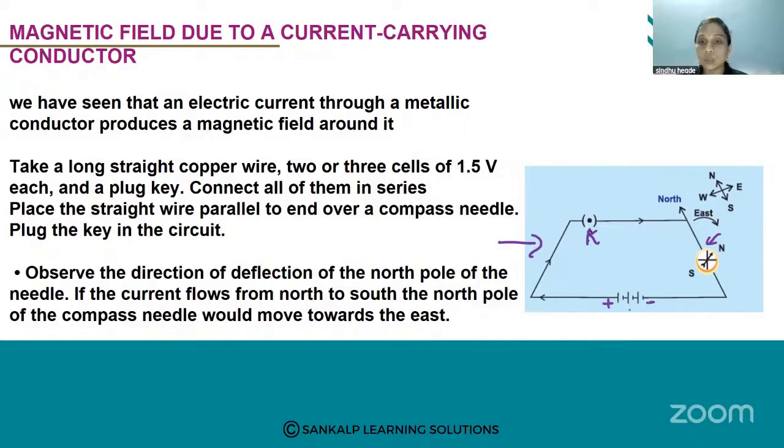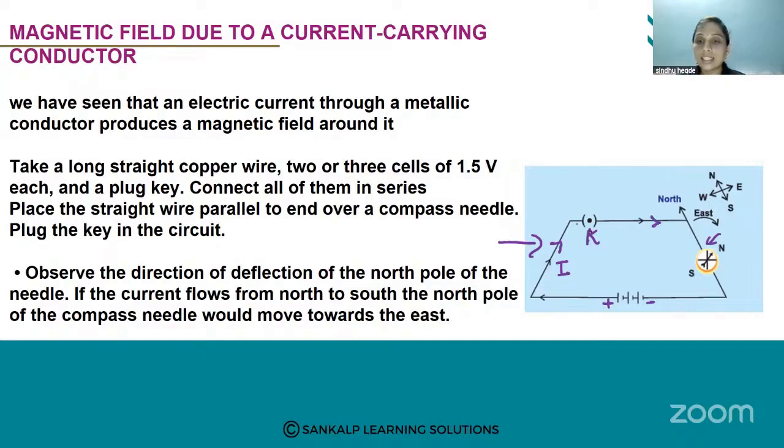We know that when the key is closed, the circuit is considered complete, and some amount of current starts flowing in the circuit. The current direction is from positive to negative, that's why the direction is like this. Observe this carefully.